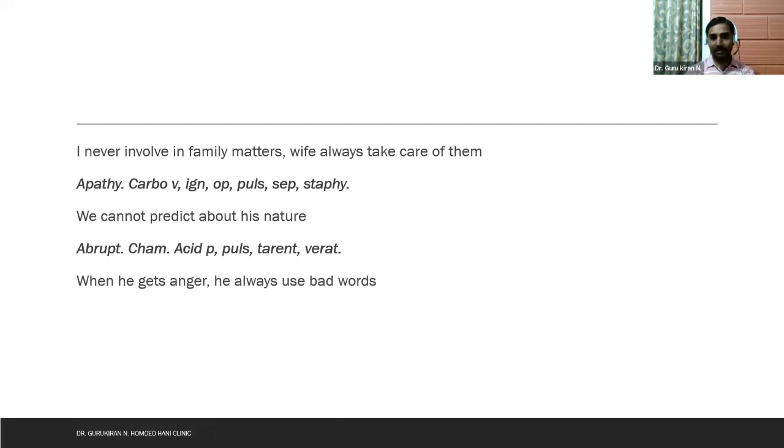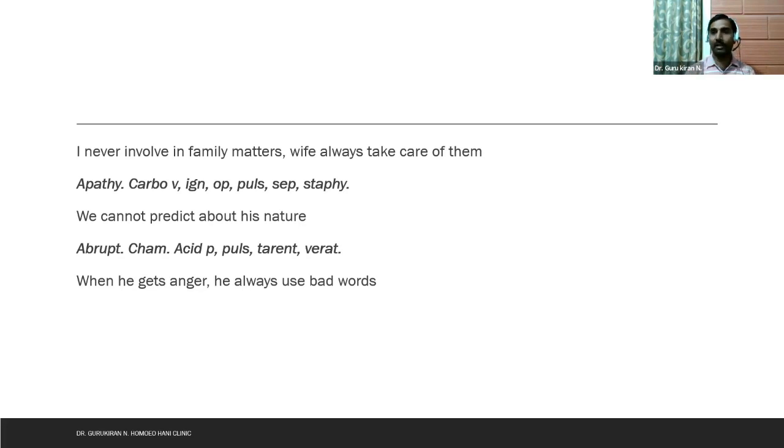When he gets anger, he always uses bad words. While taking a case, when we are probing the patient's anger, we should know to answer this question: does he use bad words when he gets angry? Or you can ask, what is the expression when the patient gets angry? How would the patient react when he gets angry?